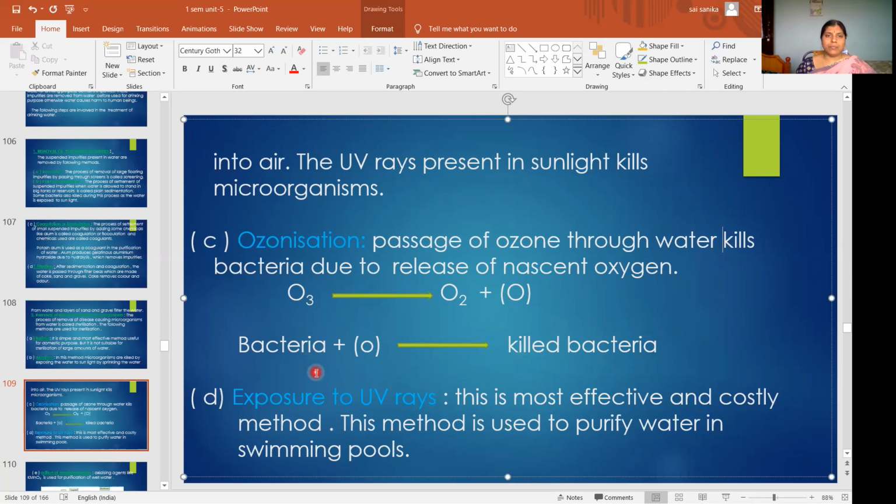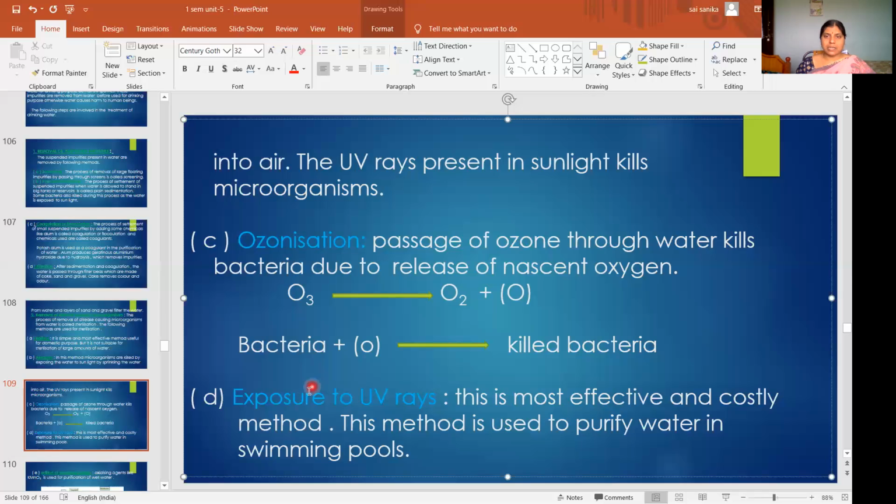The next method is exposure to UV rays. By exposing water to UV rays, we can kill the bacteria. It is a very effective but costly method.